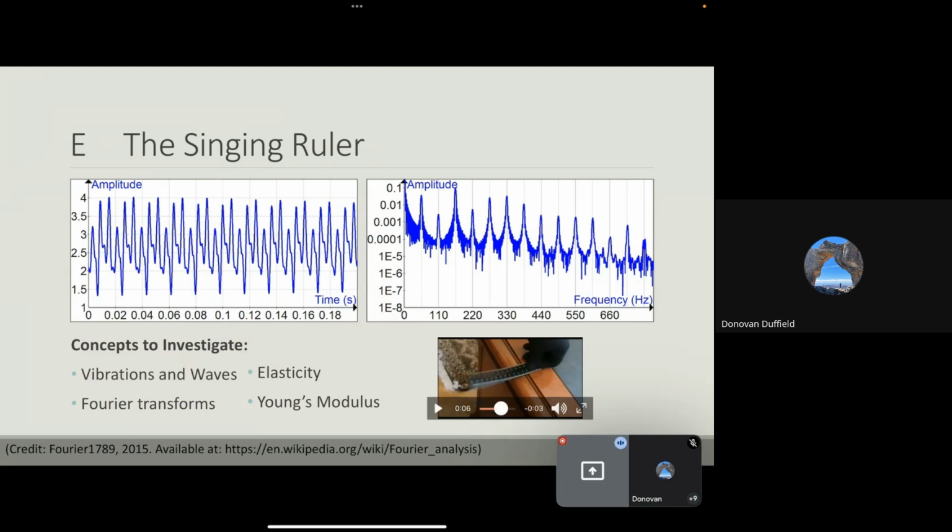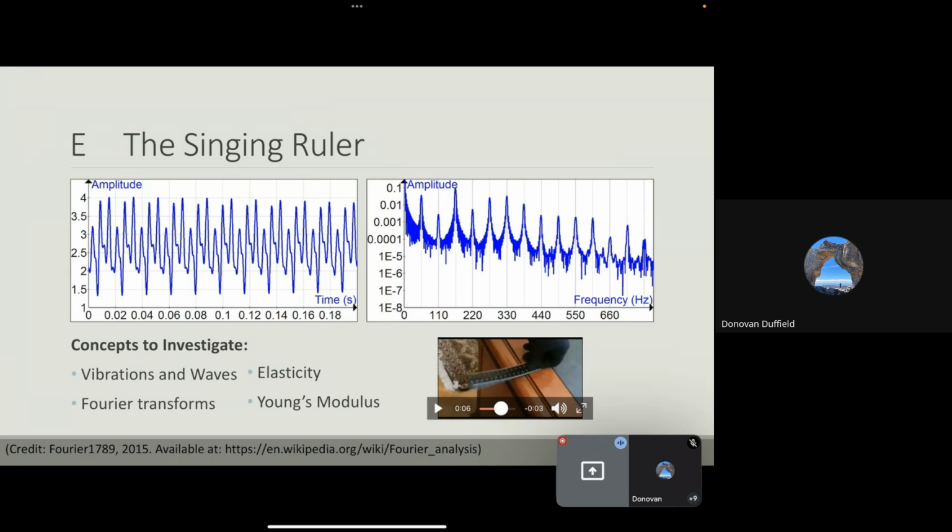Right, so if you actually record the audio of some object, right, of your ruler, then you will see a signal that's been generated, right? And if you want to measure the pitch, you do what's called a Fourier transform. And that's what you see on the right-hand side. And you'll see there's a bunch of peaks there. And each peak corresponds to what one would normally think of as pitch.